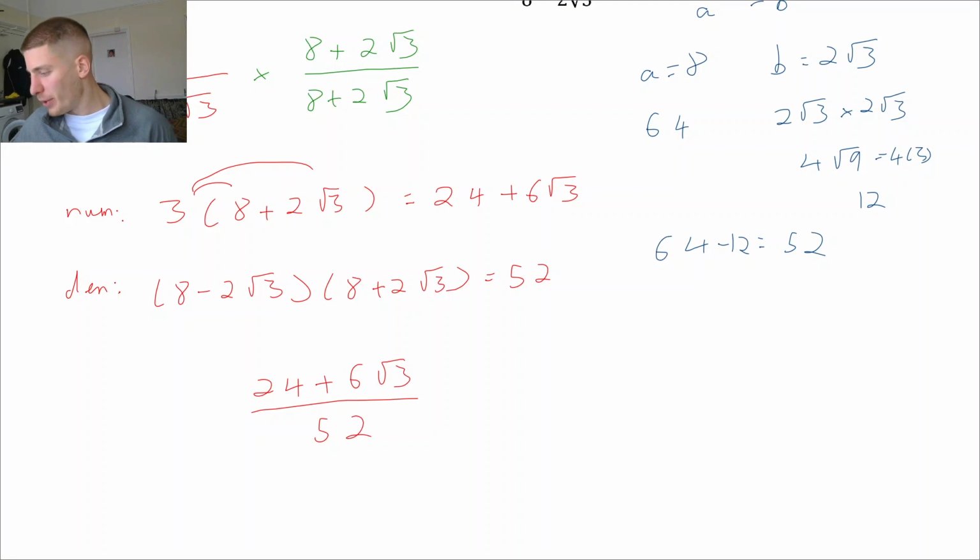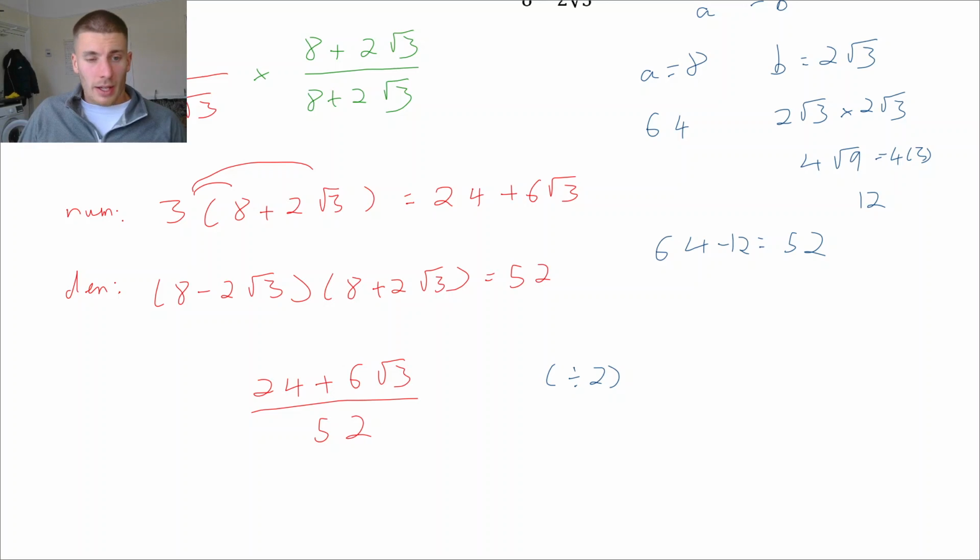And I'm not sure how the book has written it. It might have simplified it a little bit further. Yeah, I think it has done, hasn't it? What's it done here? Okay, so what it's done here is, this is correct. This is absolutely fine. But you can simplify it further because 24, 6, and 52 are all multiples of 2. So we can divide the whole shebang by 2.